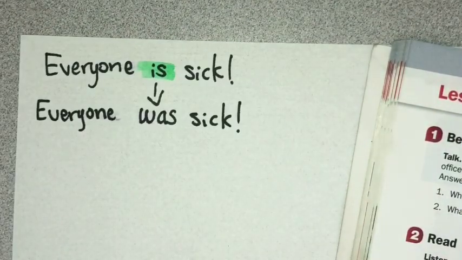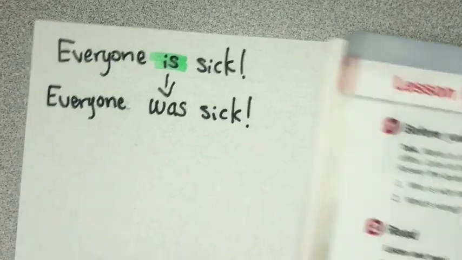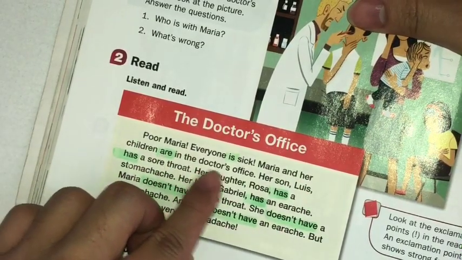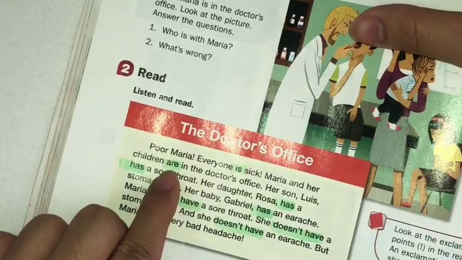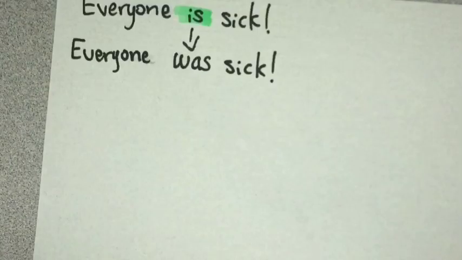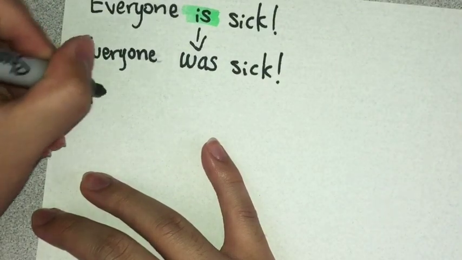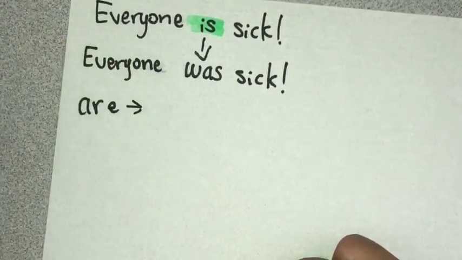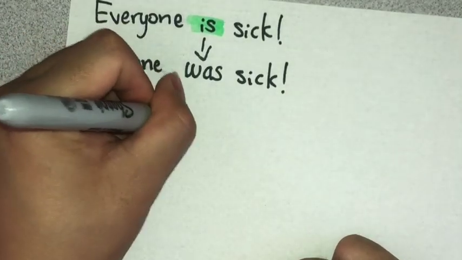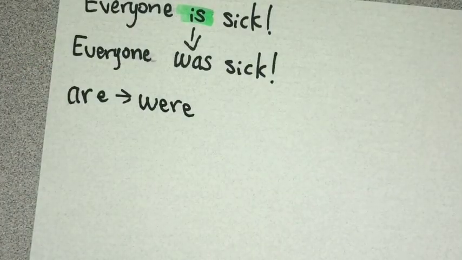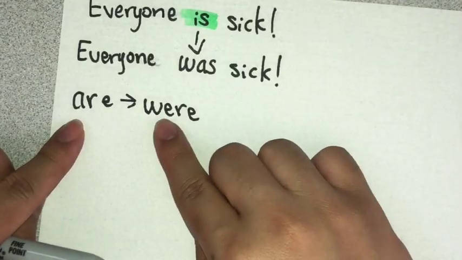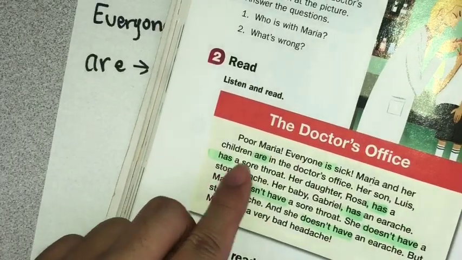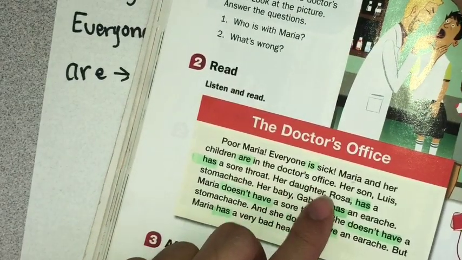Everyone was sick. Okay. Maria and her children are in the doctor's office. The verb is are. What's the past tense of the verb are? Were. Present are, past were. Maria and her children were in the doctor's office.